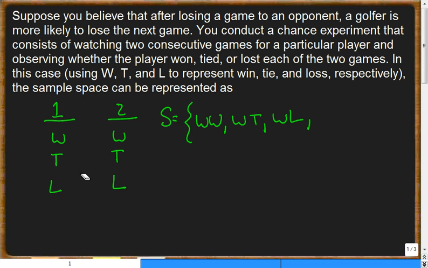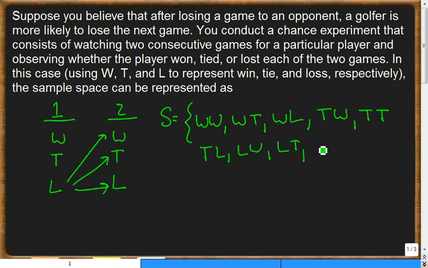Then we look at ties first: a tie and a win, a tie and a tie, and a tie and a loss. And then finally the loss first: a loss and a win, a loss and a tie, and 2 consecutive losses.